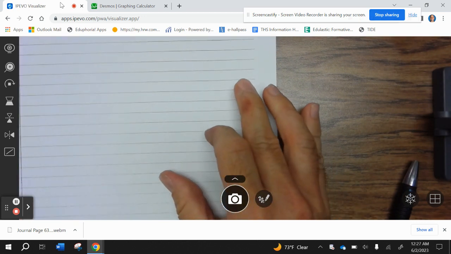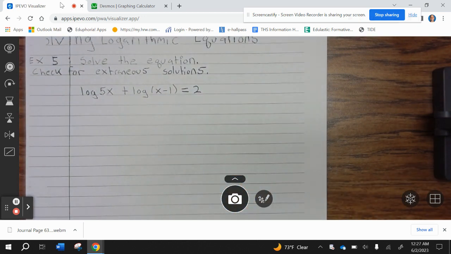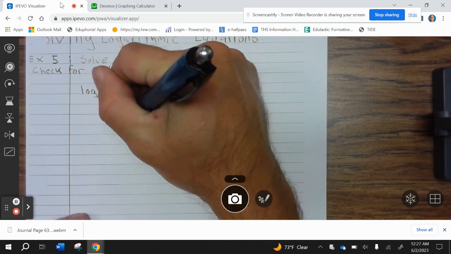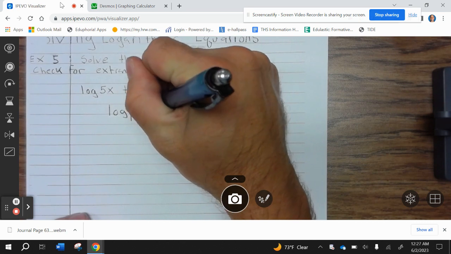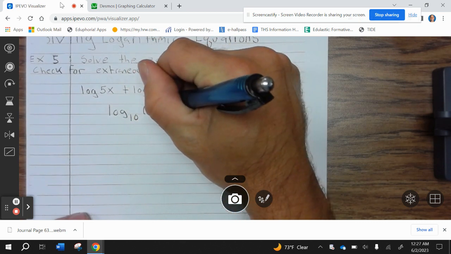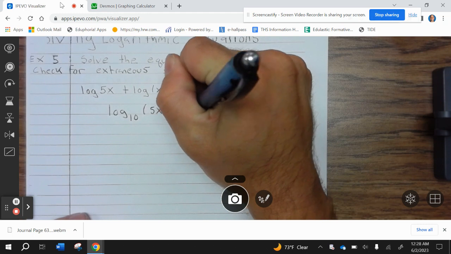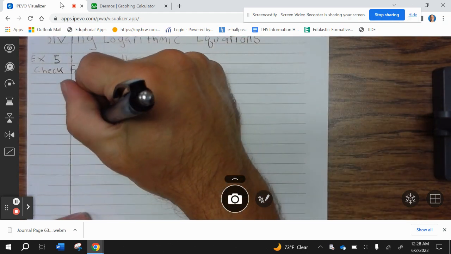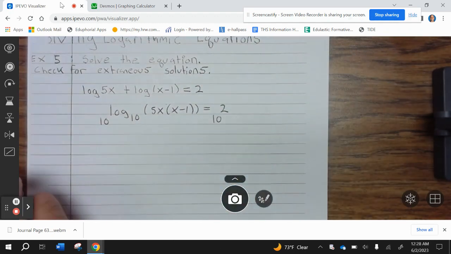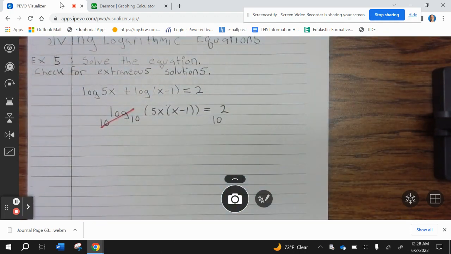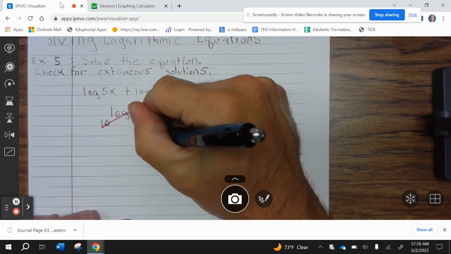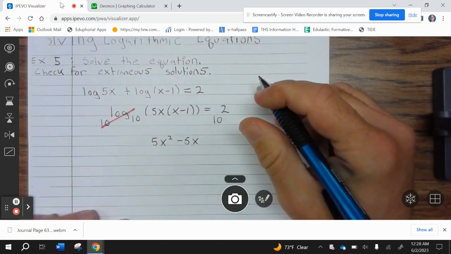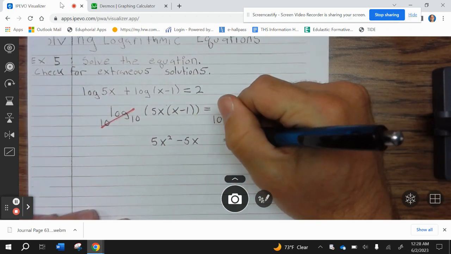All right, example 5. Okay, now addition is multiplication. So this is log, and if there's not a base, we assume it's 10. Log base 10 of 5x times x minus 1 equals 2. Now we're going to raise both by 10. This cancels. You get 5x squared minus 5x equals 100.